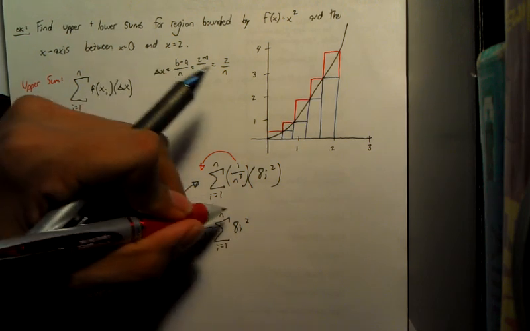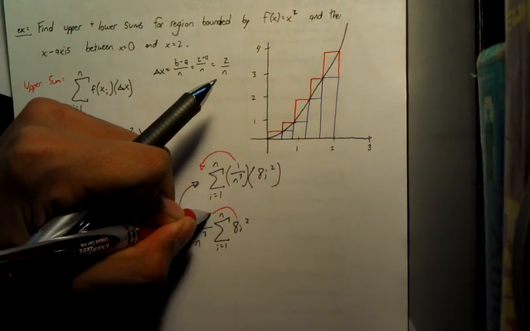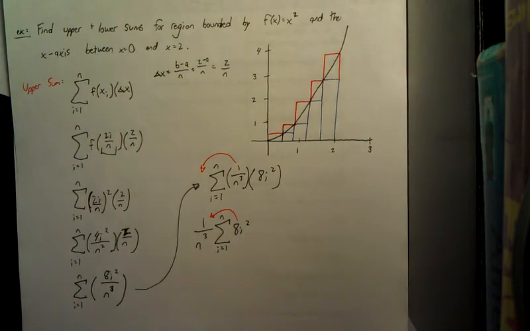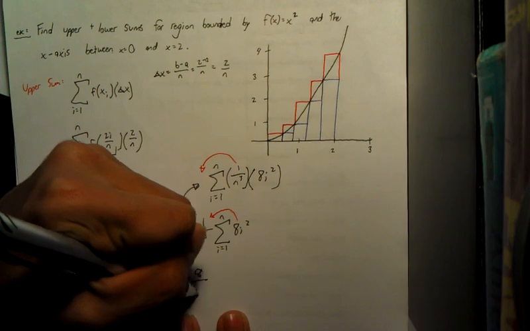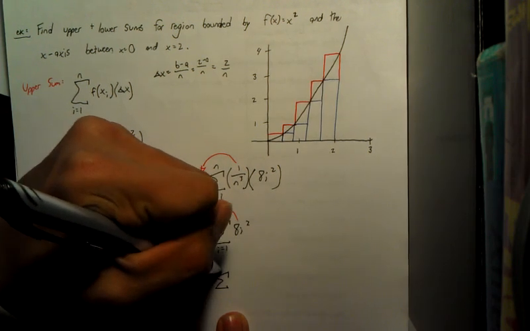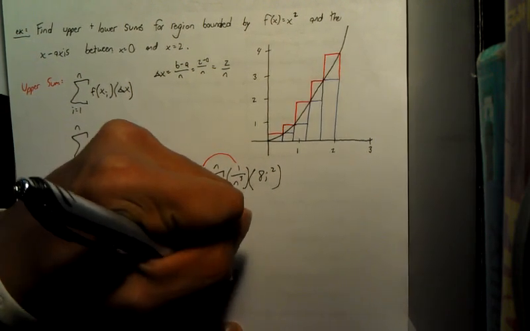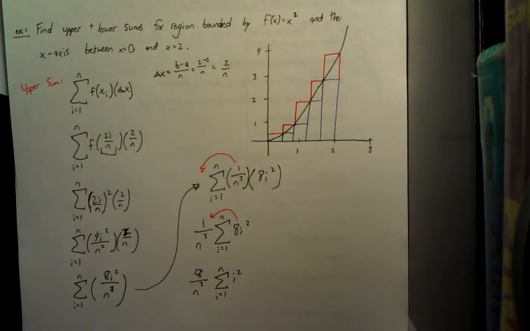This constant, 8, we can even bring that out to the front now to isolate our i squared. So now we have 8 over n to the third summation of i squared.